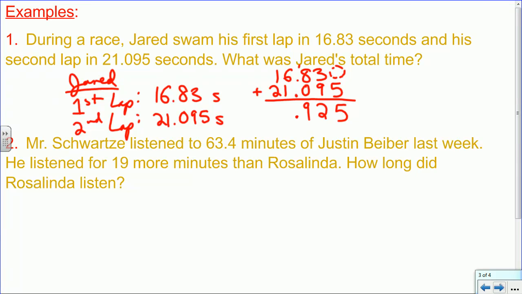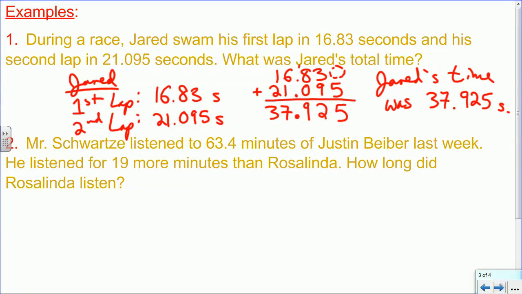Our decimal drops right down, because our place values are all in sync. 6 plus 1 is 7, and 2 plus 1 is 3. So Jared's time was 37 and 925 thousandths seconds.